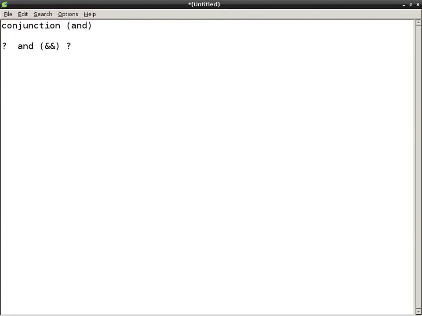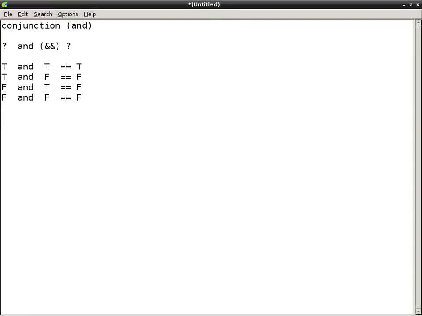So there are 4 possible combinations: true and true is defined to be true. True and false is false. False and true is false. And then false and false is false. Okay, that's how we define the conjunction or the AND operator.